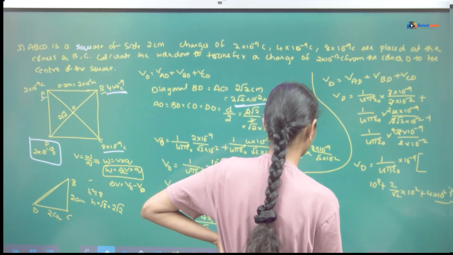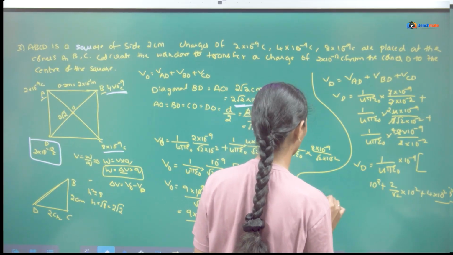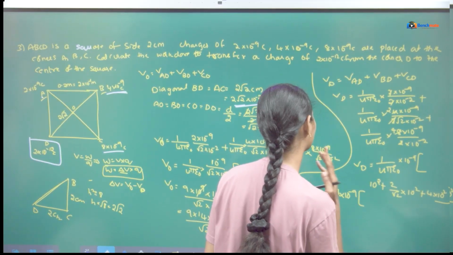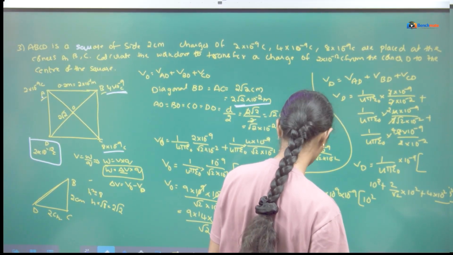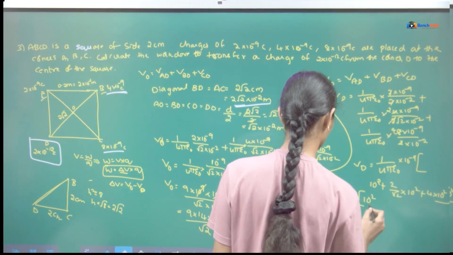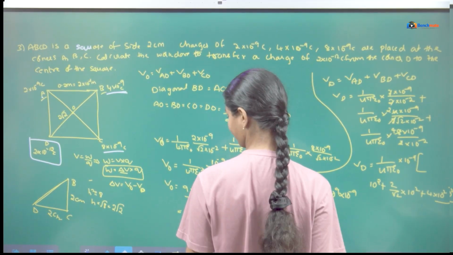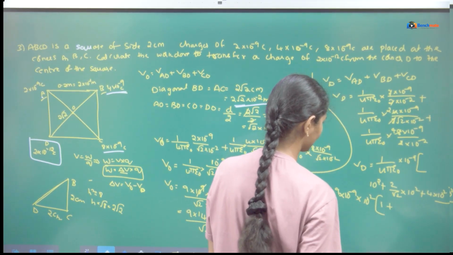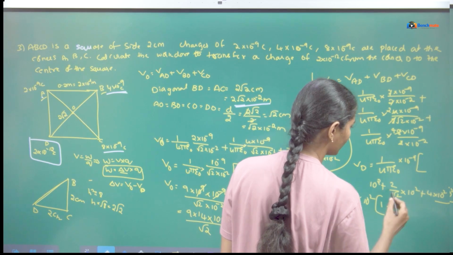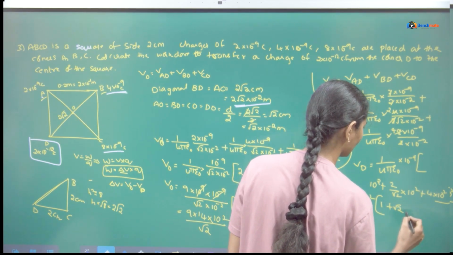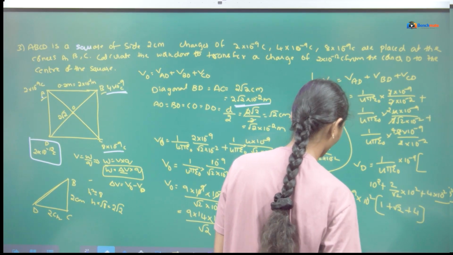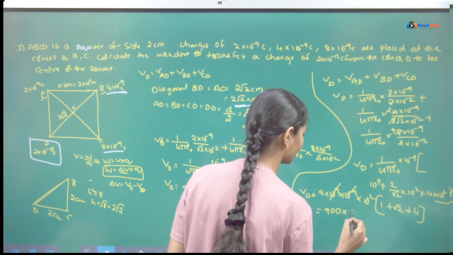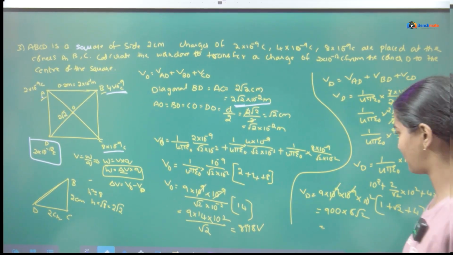So now again VD equal to, this 1 by 4 pi epsilon naught is 9 into 10 power 9 into 10 power minus 9, and in the numerator 10 square is common, so write it outside. And here 2 by root 2 you can write as root 2 into root 2 over root 2, so root 2 will be left plus 4 is left. Next, both get cancelled, 900 into 5 root 2, which gives 6363.96.